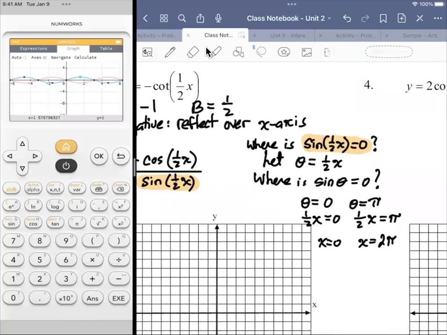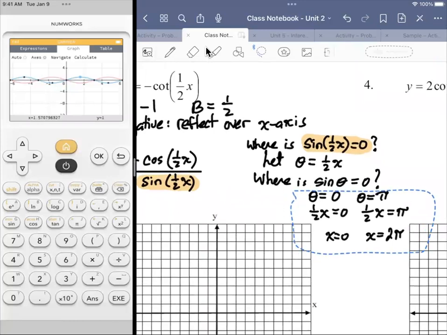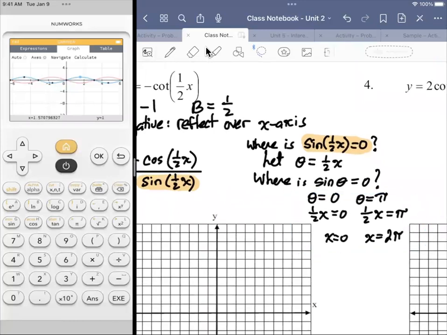You might be wondering why I identified the b value, where I said b is equal to 1/2. Well, that's going to give us the period of one full tangent cycle, I guess.